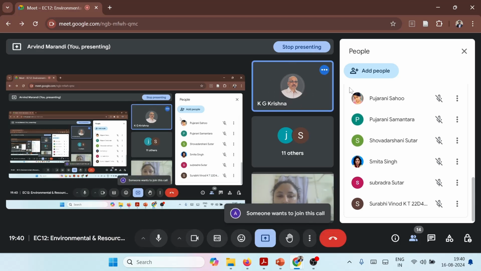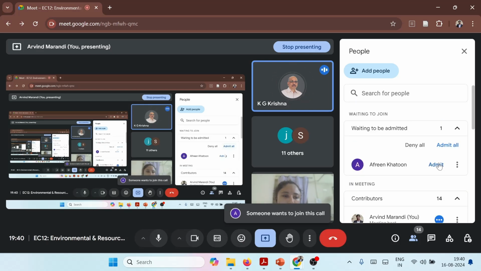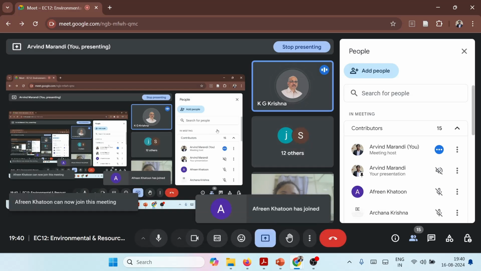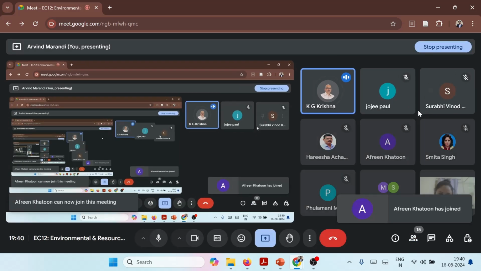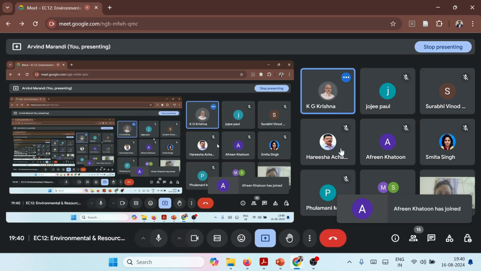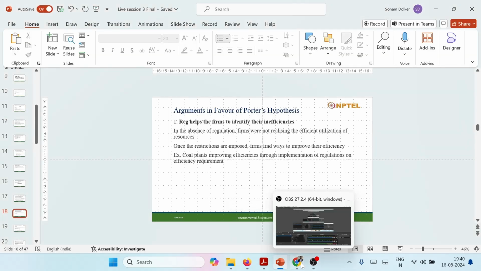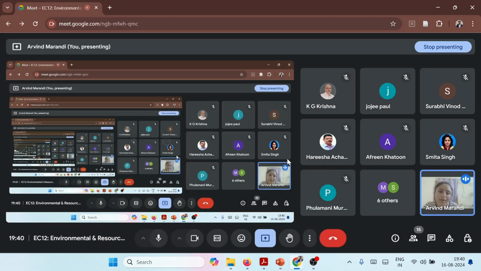Hello, madam. Yes, sir. My question is, the regulation is related to reduction of pollution, but it has got nothing to do with improving productivity, right? How are they related? Yes. So the big question is that the regulation will be according to the reduction in emission, right?